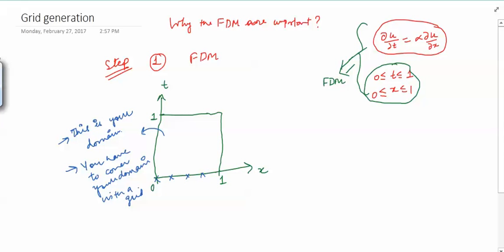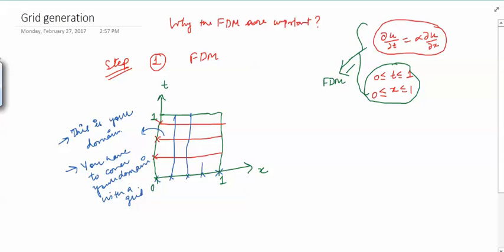For example, suppose I take 1, 2, 3 points in the x direction, so including 0 and 1 there are 5 points in the x direction, and suppose I take similarly 5 points in the t direction. I'll draw the straight lines like this: one line, second line, third line. Similarly you draw the vertical lines, one line, two line, three line.